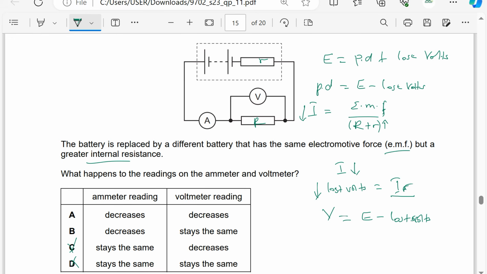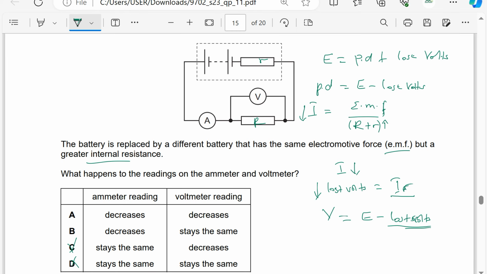The current in the circuit has decreased. So if the current decreases, I times r becomes smaller. Oh yeah.